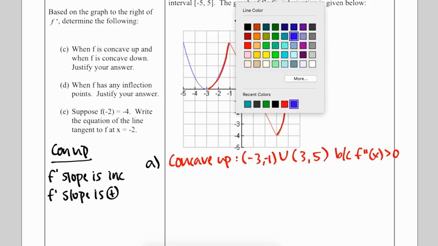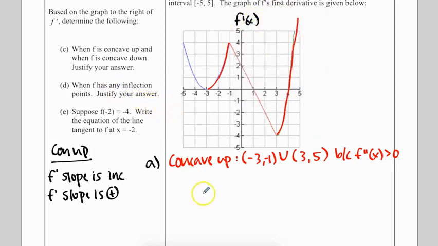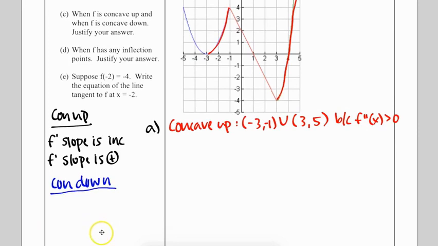All right. Okay, if we want to discuss where f is concave down, okay, well concave down is going to be kind of the opposite. So we're looking to see where f prime's slope is decreasing or where the slope is negative.